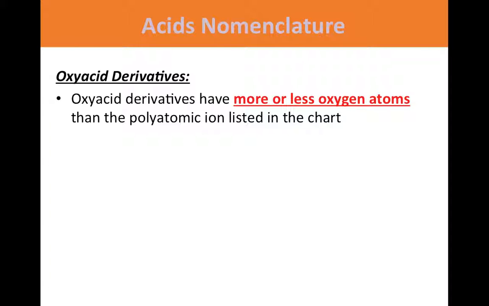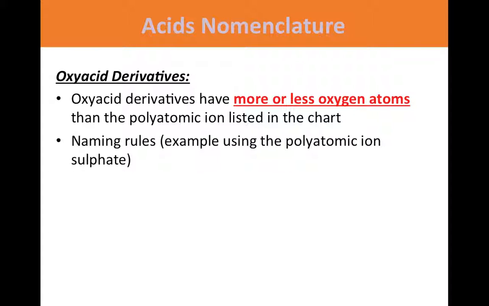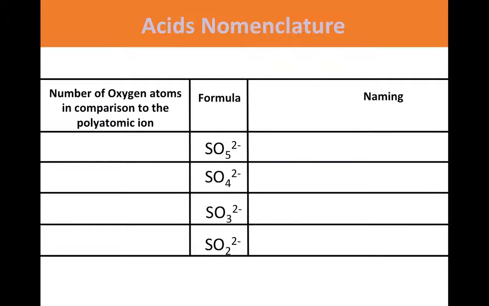Where the derivatives, the ones that I was just talking about, there are rules, so please go over those rules. Here I'll just quickly revise these with sulfate, but they do apply to all the other polyatomic ions. You're always going to look for your ate polyatomic.